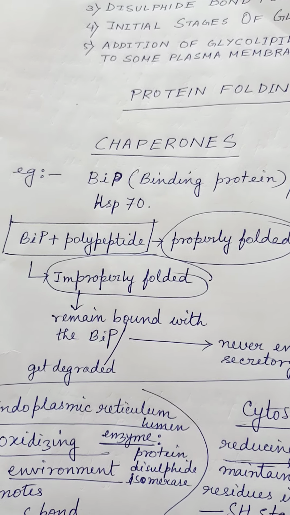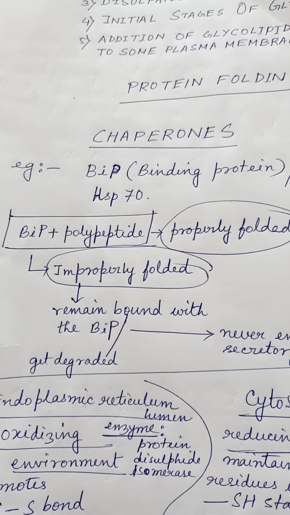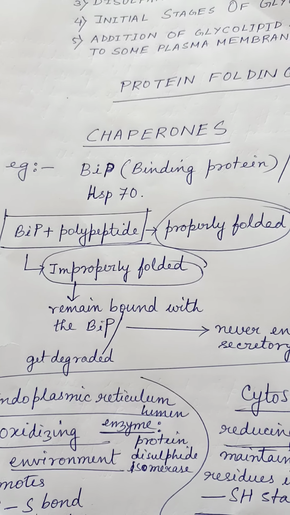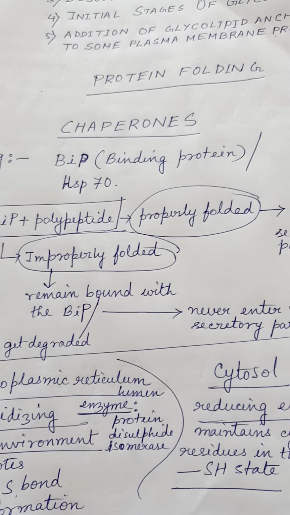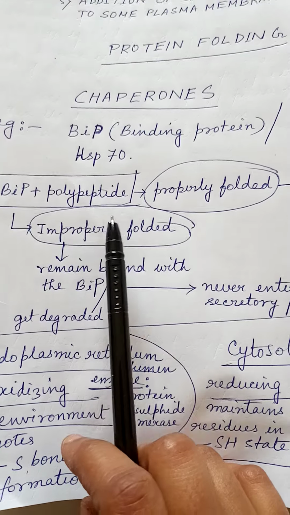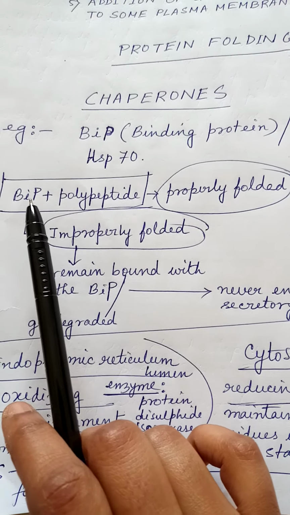Unfolded polypeptide chain plus this BIP helps the protein to fold, and it helps in the assembly of multi-subunit protein within the endoplasmic reticulum. Now, what is the role of this BIP? BIP means the binding protein, BI for binding and P for protein.